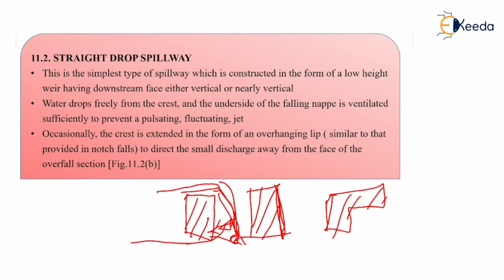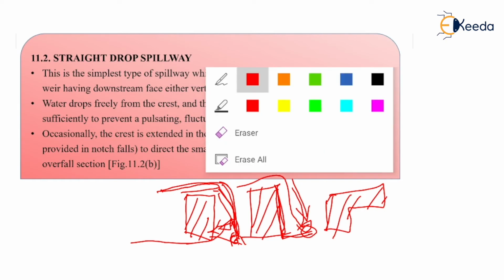Once the water increases, the kinetic energy also increases, and because we didn't dissipate it, we are allowing this water to fall directly on the bed level. Because of this, the bed level will get scoured out and depressed. So to avoid this, sometimes the overhanging lip will be provided.